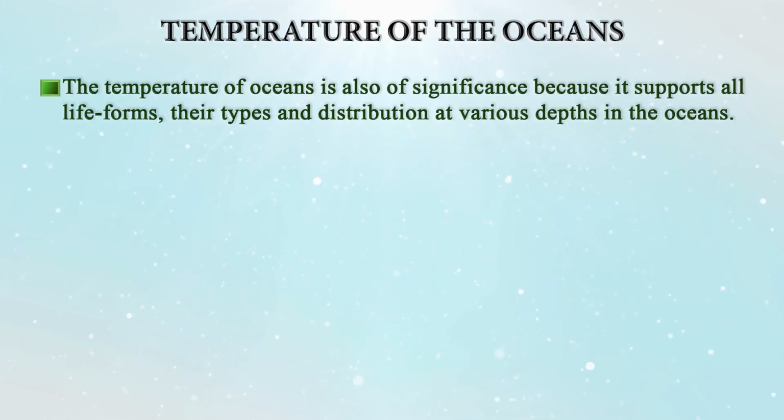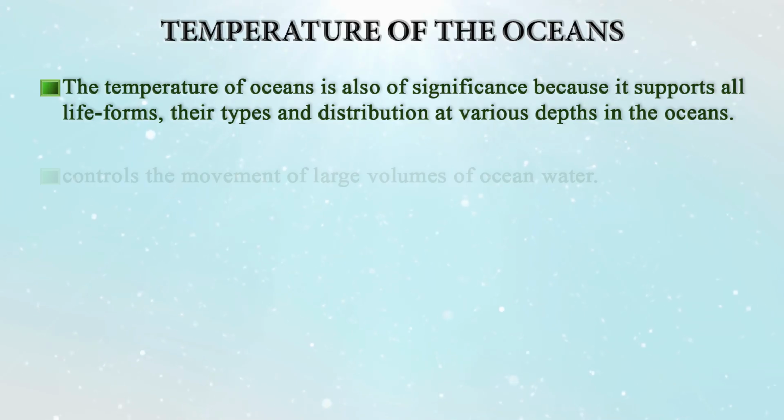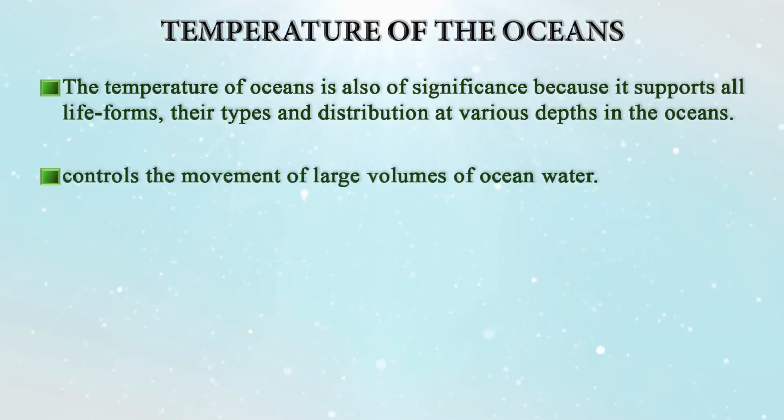It is significant that oceans have a particular temperature, as it supports all life forms in the oceans and their types and distribution at various depths. Temperature also controls the movement of large volumes of ocean water, which we will study in the next video programs related to the movement of ocean water like tides and currents.